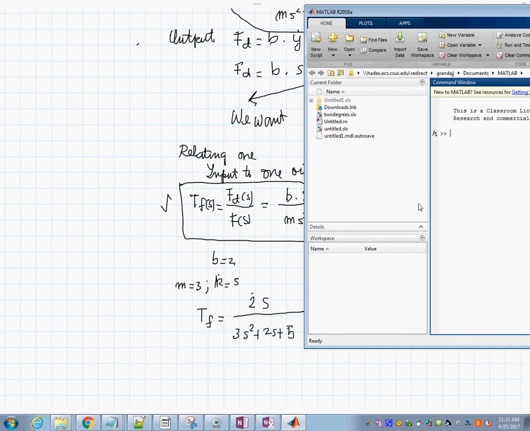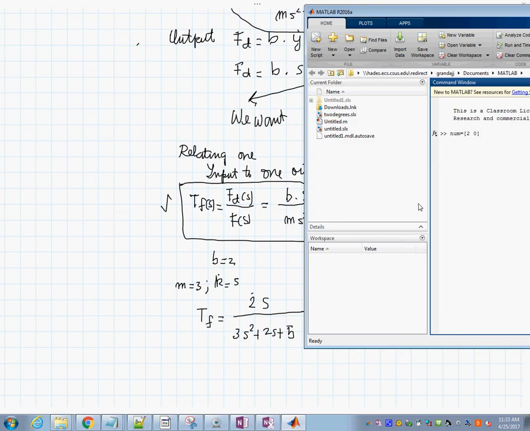We could do this by establishing the numerator of this fraction, because it always has a numerator and denominator, and entering the coefficients of the polynomial. 2 is the coefficient of the power 1 term, and 0 is for the power 0, because we don't have a constant term.